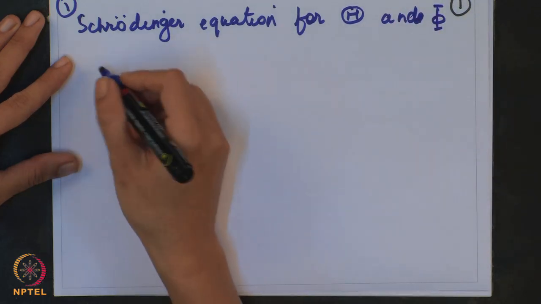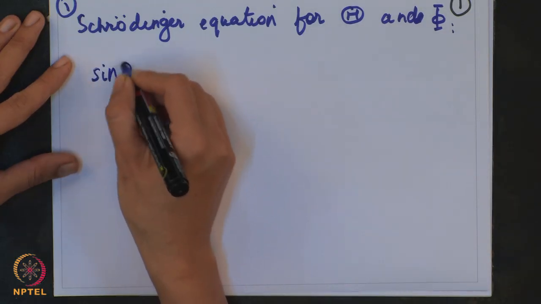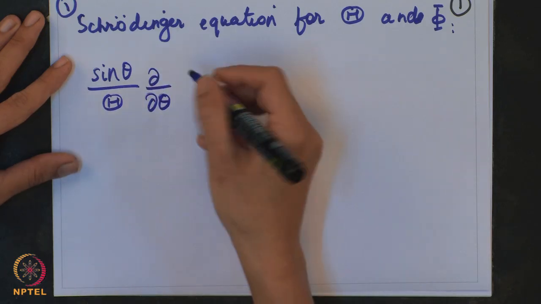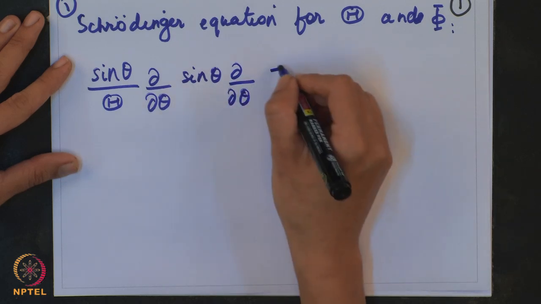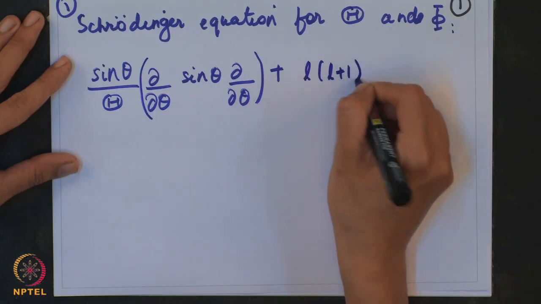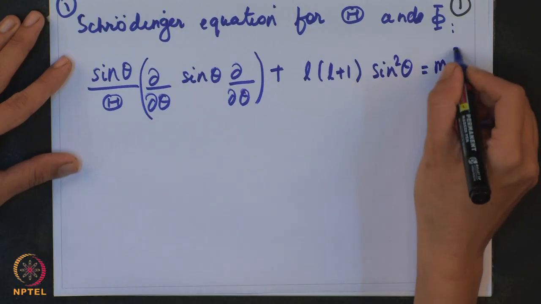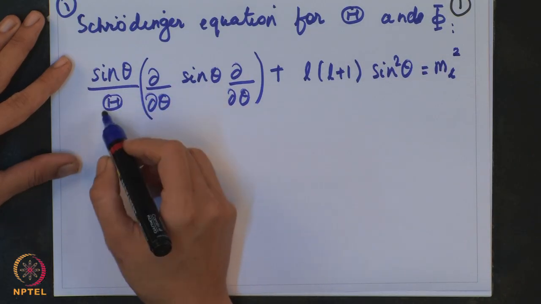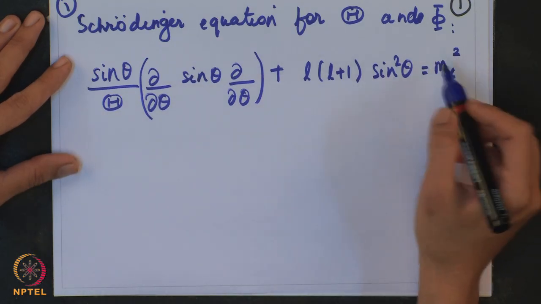For capital Theta it is given: sin theta upon capital Theta, dou by dou theta, sin theta dou by dou theta, multiplied by L into L plus 1 sin square theta, is equal to ml square. Okay. And this you can actually rewrite by taking capital Theta on the numerator, which later we will do.